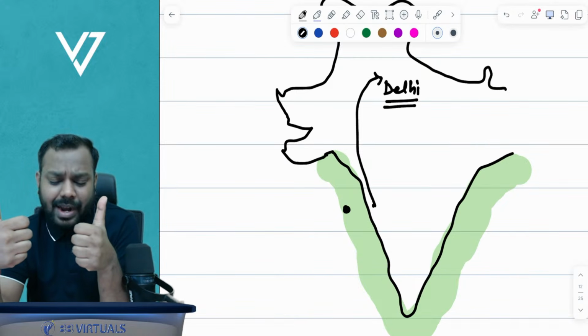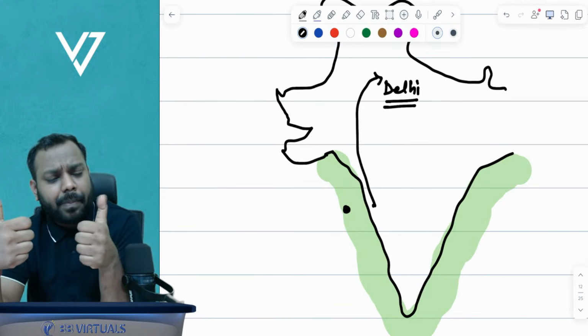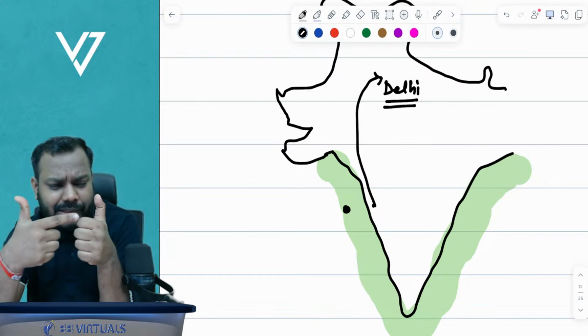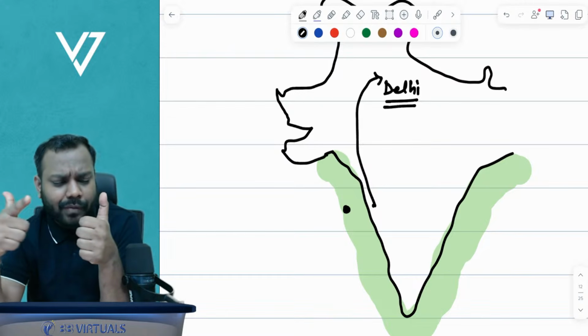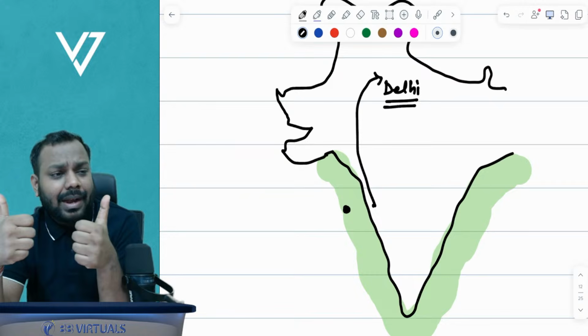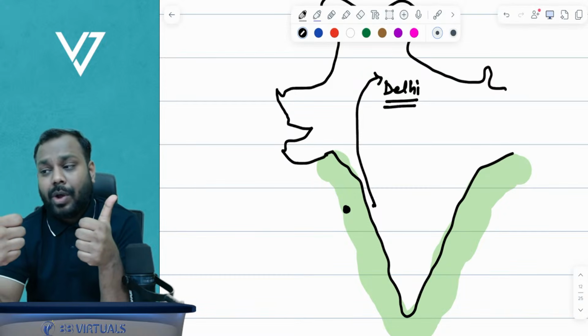Since you will be extracting oil from the seabed continuously for a longer period of time, don't you think that part of the seabed will get destroyed, or its quality will deteriorate? The marine life in that area will be destroyed. How can I give you approval? Then Ambani says, Modi ji, your point is very good. I understand and agree with it.